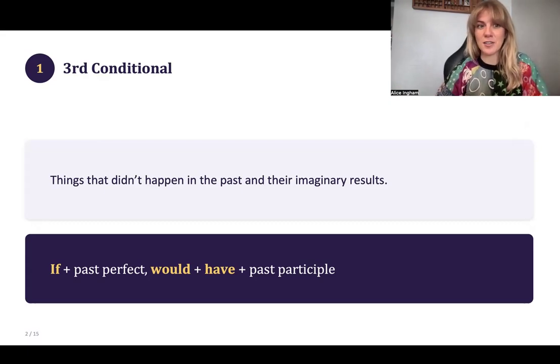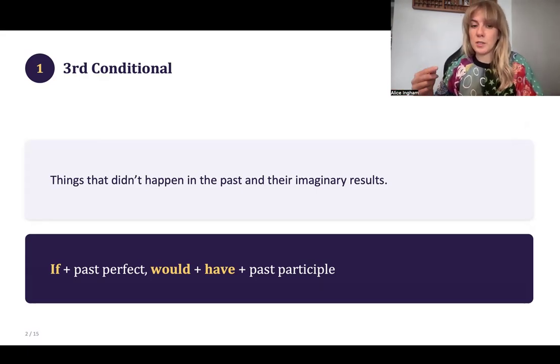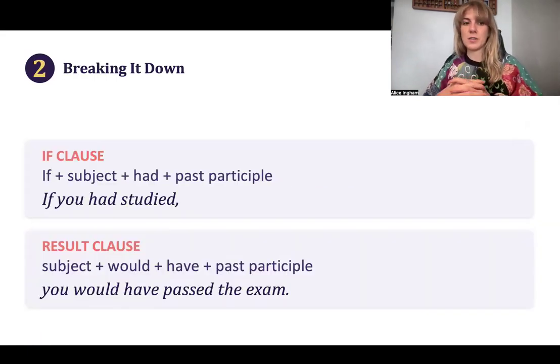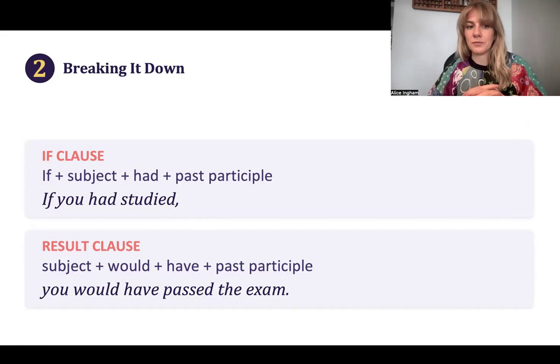Let's look at the structure. If plus past perfect, that's the first clause. The second clause, would and have, and then the past participle. So what does that look like? Let's break it down. So the if clause, if and subject, had and past participle.